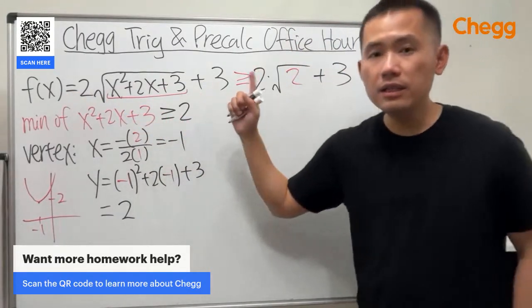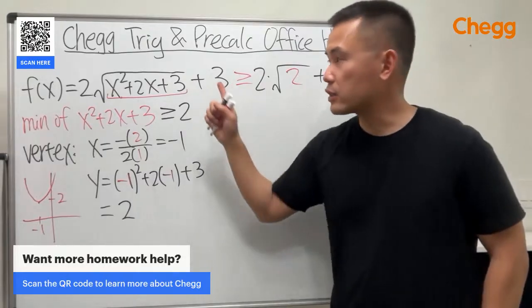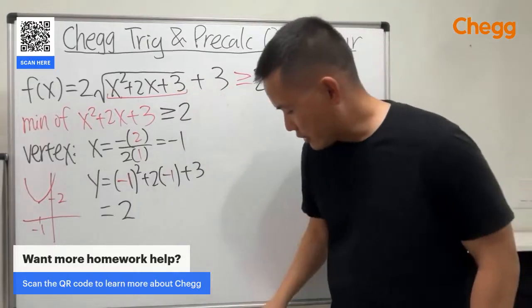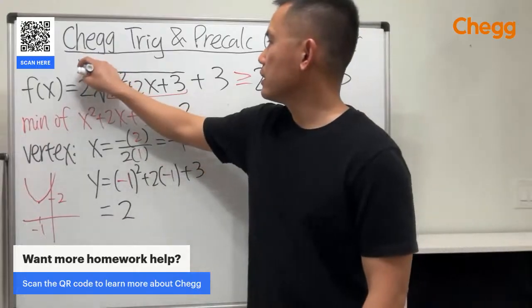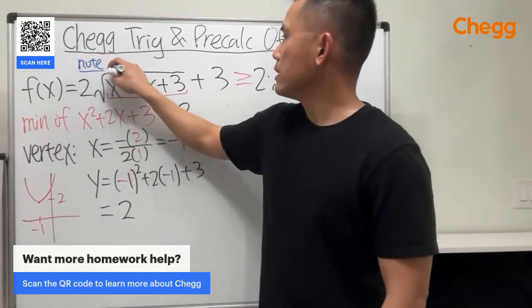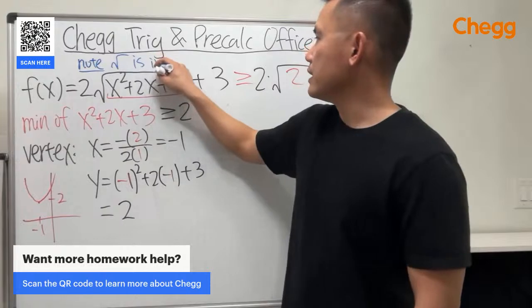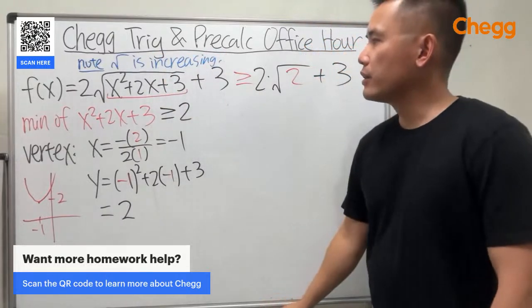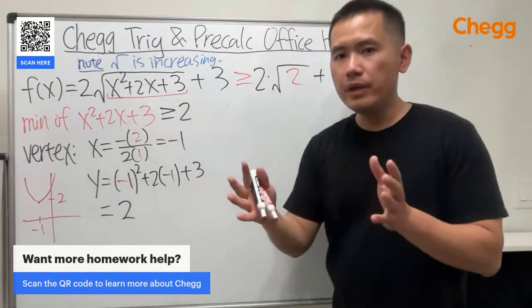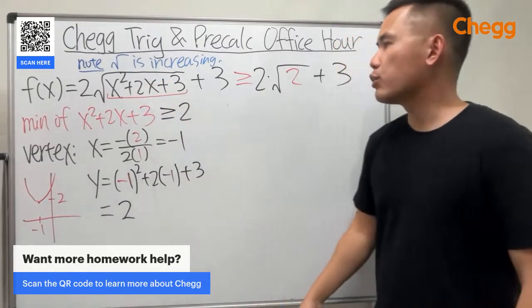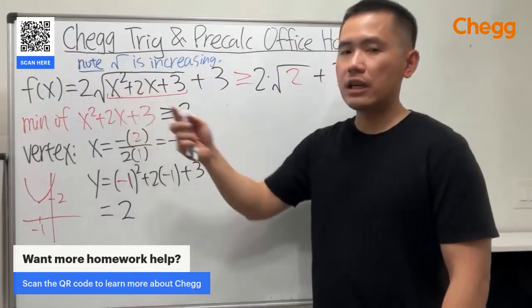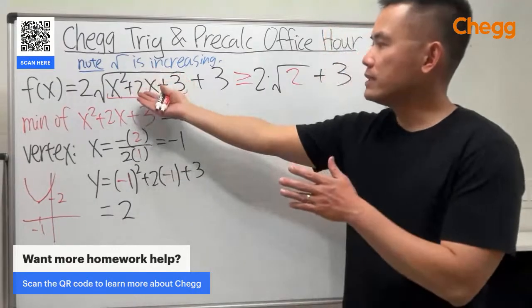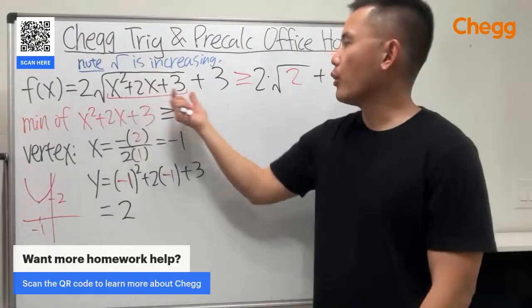By the way, this works because the square root function is an increasing function. So I should say, note, the square root is increasing. That means when the inside gets bigger, the output gets bigger. That's why if the inside starts at 2, once the inside gets bigger, the whole thing will get bigger.